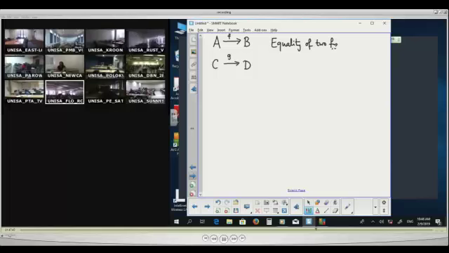So that means f must be equal to g as sets.